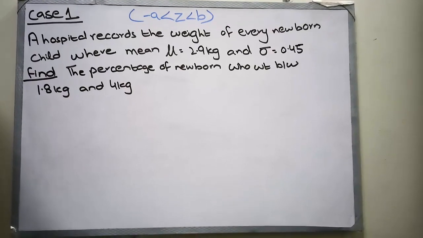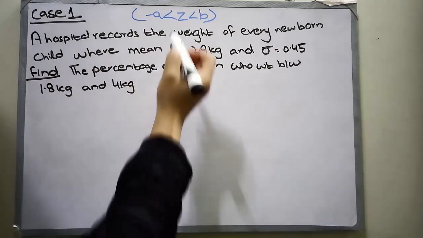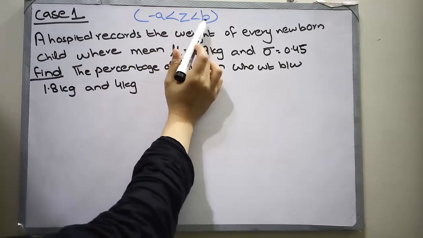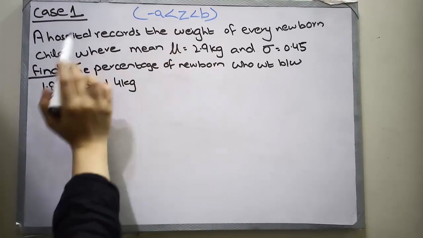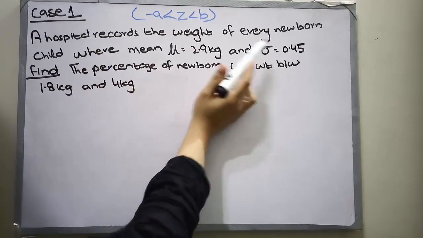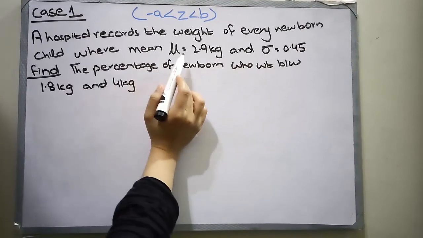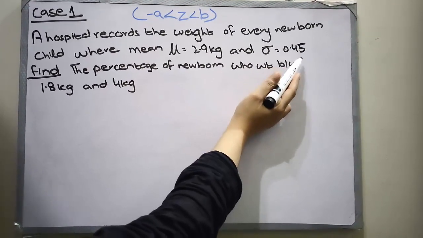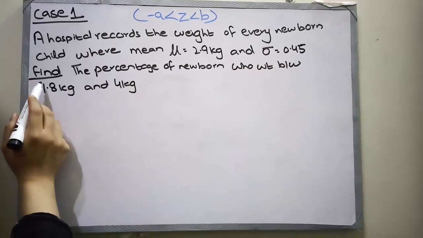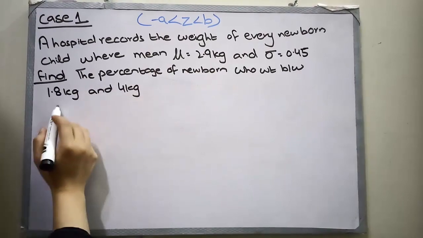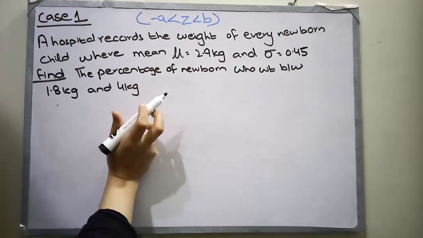So in this first case we are going to find the value of z where z is greater than a negative value and less than a positive value. The scenario given to us is: a hospital records the weight of every newborn child where the mean is 2.9 kg and standard deviation is 0.45. Now what we have to find is the percentage of newborns who weigh between 1.8 kg and 4 kg.